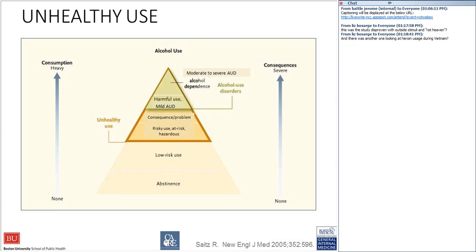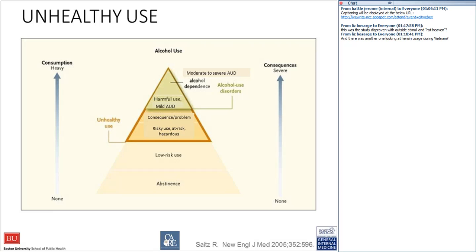That's at the tip of the triangle of severity, where there's more use and more consequences. And as you go down the triangle, the next category down in DSM language would be mild use disorder. So you've got moderate to severe use disorder, then mild use disorder.